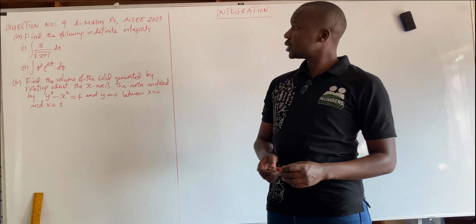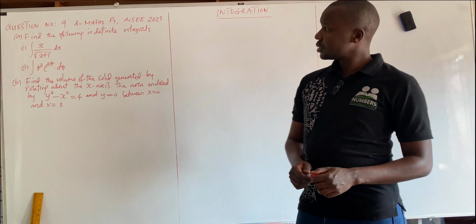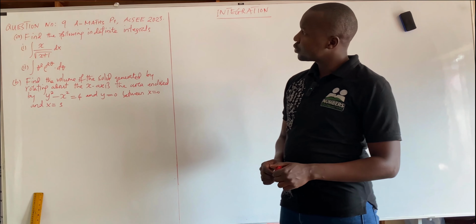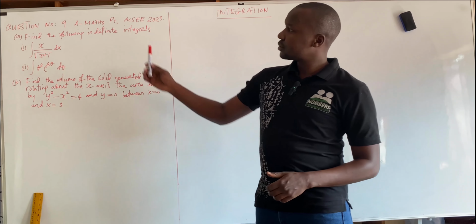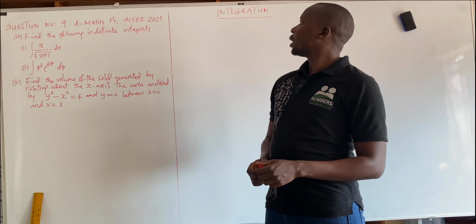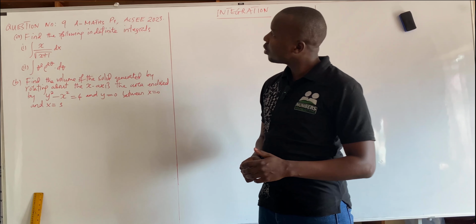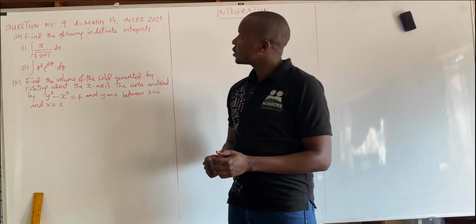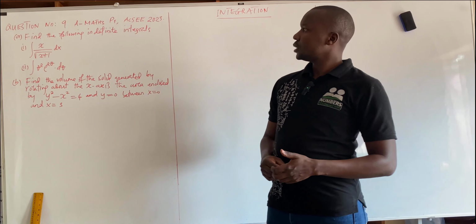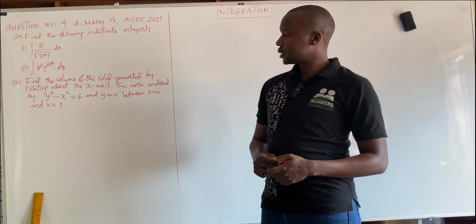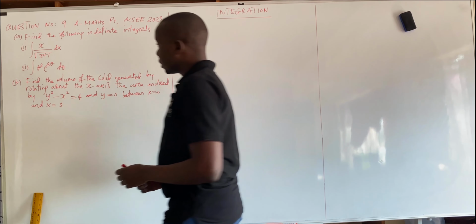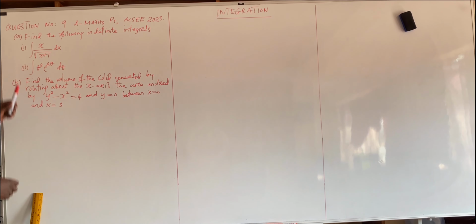Today's solving session concerns the topic of integration, a part of calculus, and we're going to see question number 9, Advanced Mathematics, Paper 1, 2023. Normally in the format of these Advanced Certificate of Secondary Education examinations, it is question number 9, integration. The question says, part A, find the following indefinite integrals.